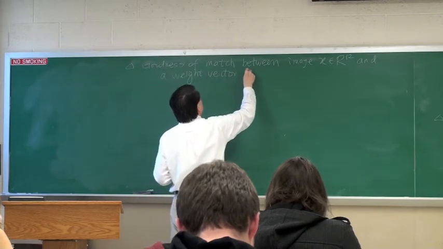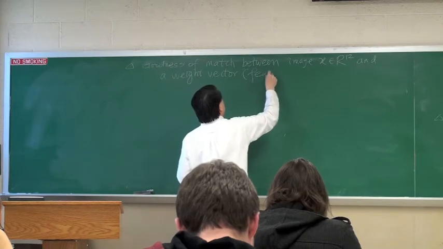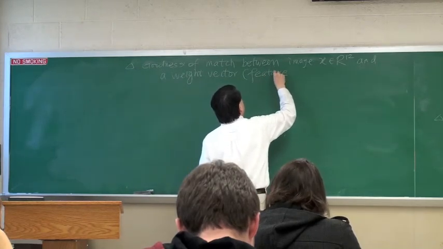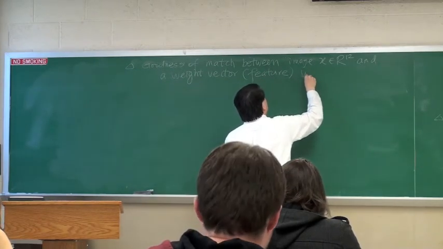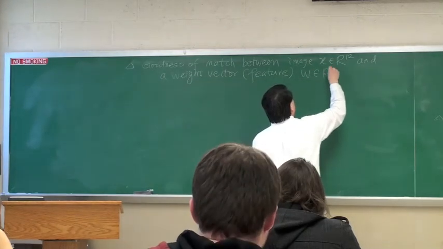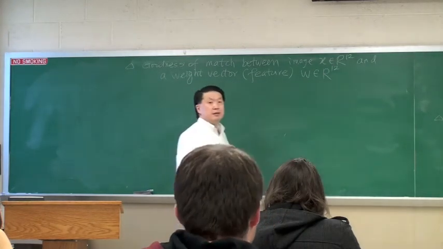We call it W, but sometimes they call it a feature. In the brain, it's a feature vector called W. It's also in the same 12-dimensional space.